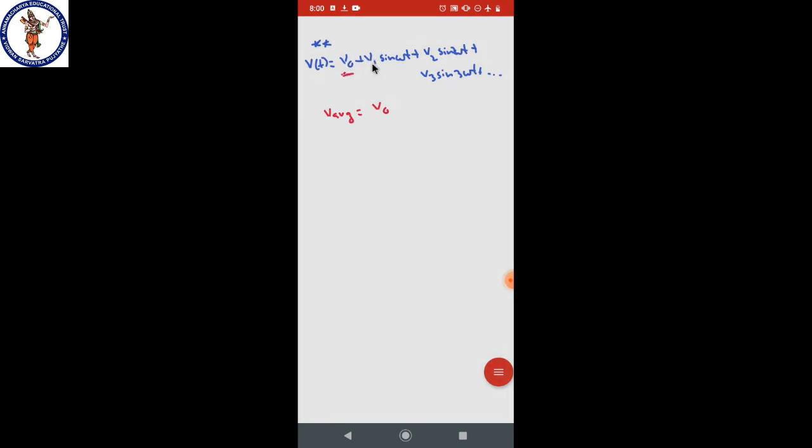This is the average value, because V naught is the DC quantity, and V1 sin omega t and the rest are all AC quantities. In this function of v of t, V naught is the only DC quantity. Average means the DC quantity. That's why average equal to V naught.